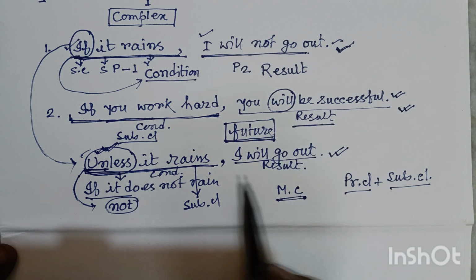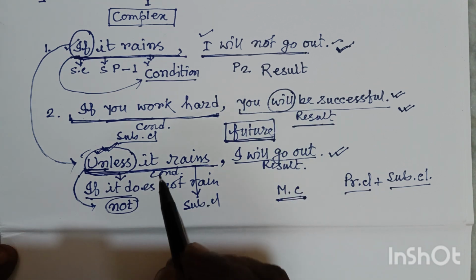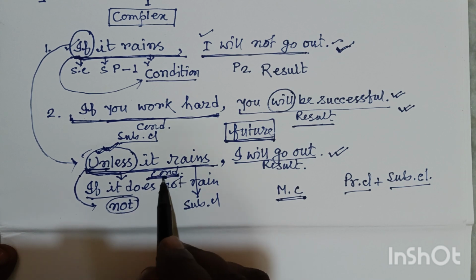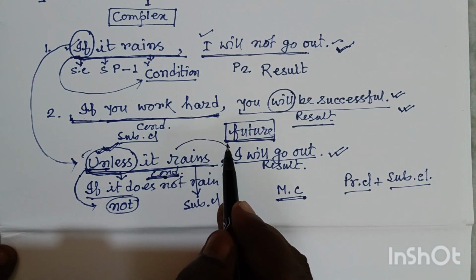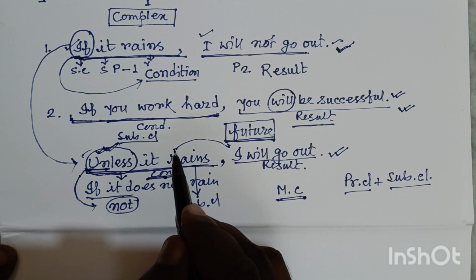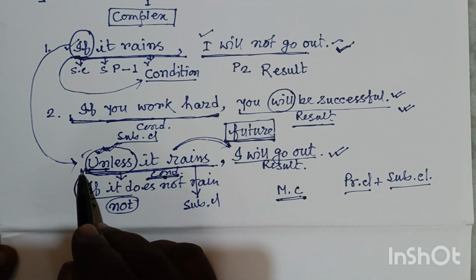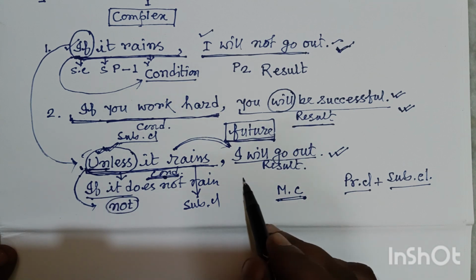My dear friends, here you can understand the condition. This is the condition part. So the condition part is very important for the result to be successful. If the condition is fulfilled, then the result will be a true one. That means at first there will be the condition, after that there will be the result.